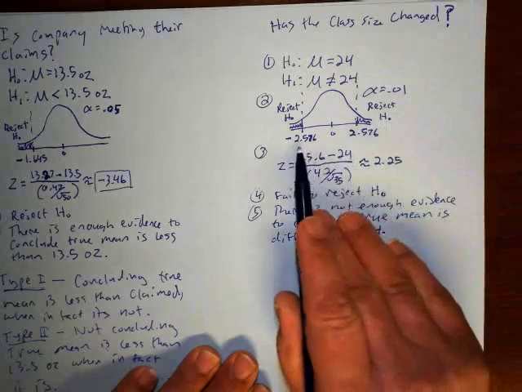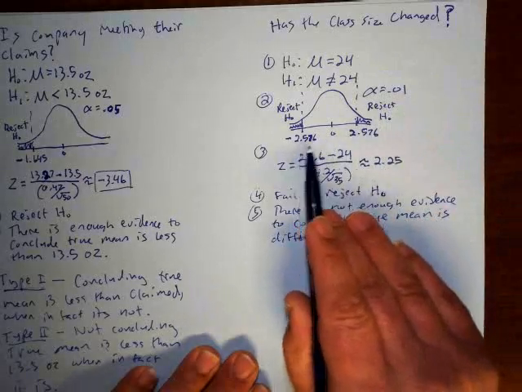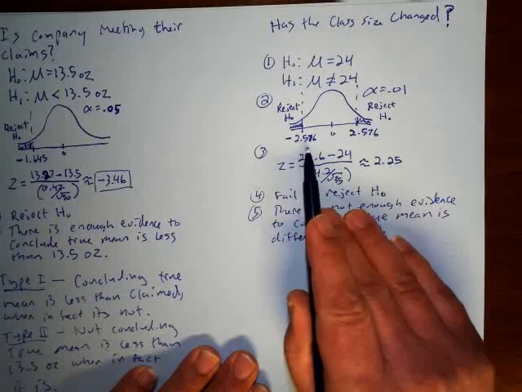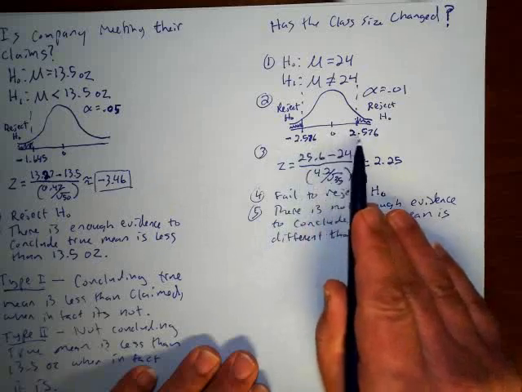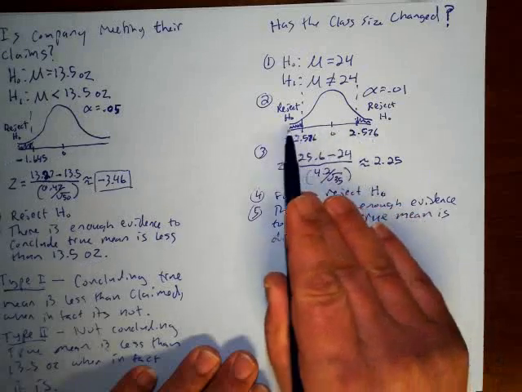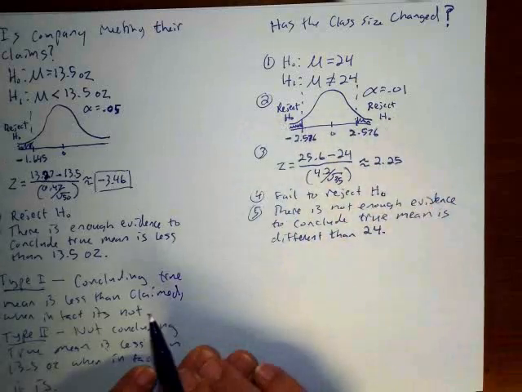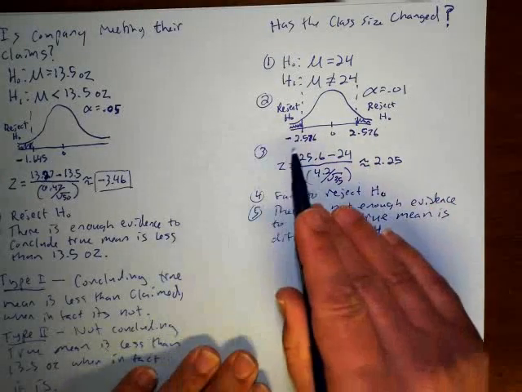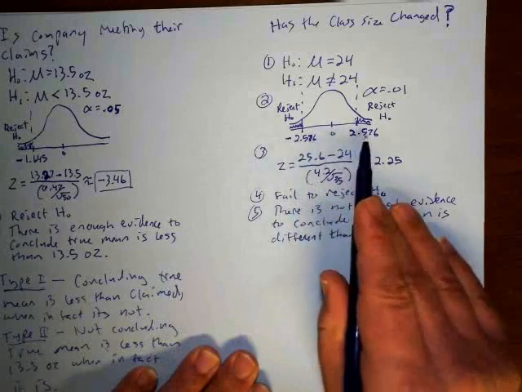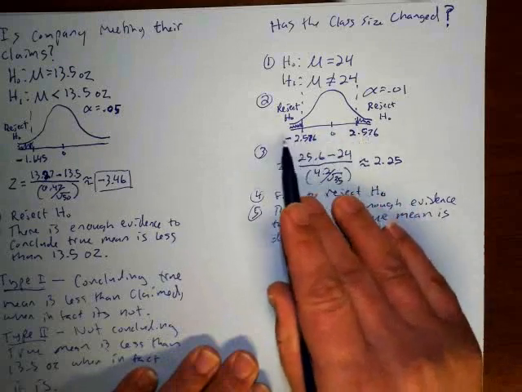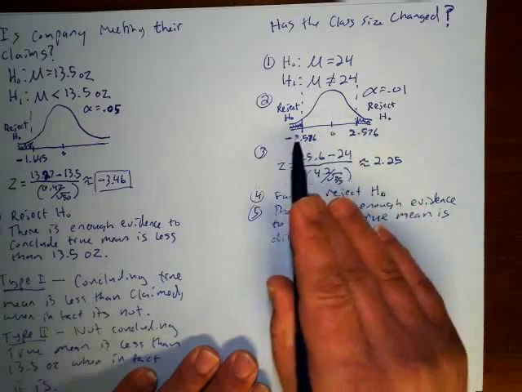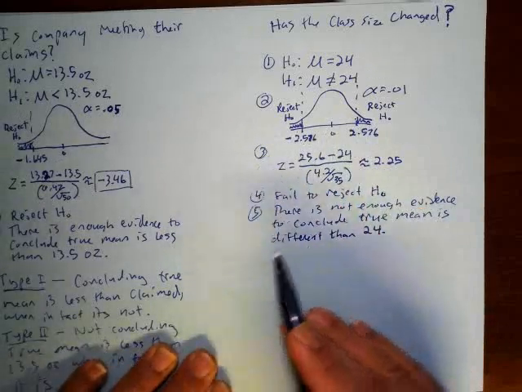And so my critical values down here ended up being negative 2.576 and positive 2.576. So if you were less than that, you would reject. If you were more than that, you would reject. Okay? Now notice these are really significant critical values. It's requiring a lot of evidence before you would reject.